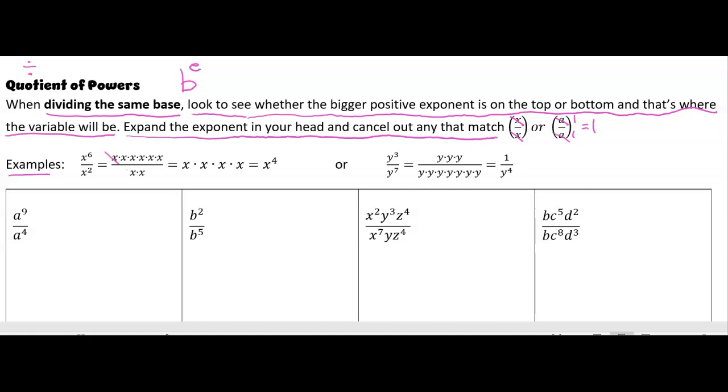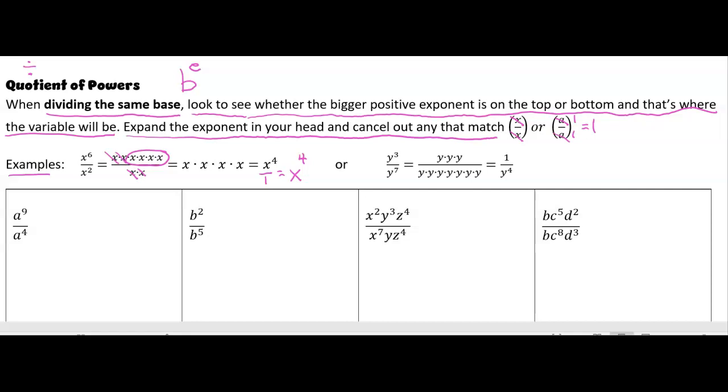So when you cancel an x for an x, which gives you 1 over 1, and you cancel another x for an x, those x's cancel. You have x to the 4th power left, and they're in the top of the fraction. So it would be x to the 4th power over 1, or just x to the 4th power. See? You have more of them in the top than you did in the bottom.